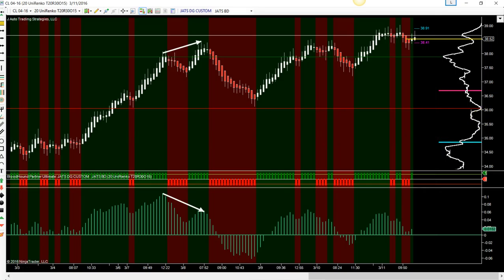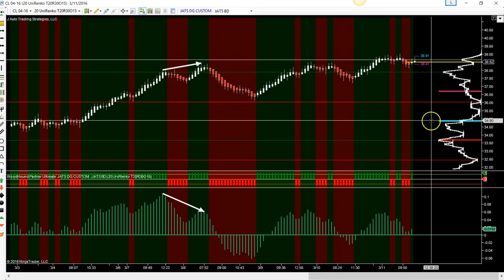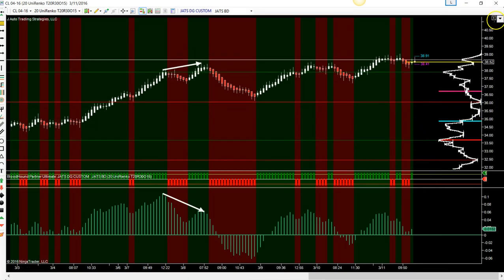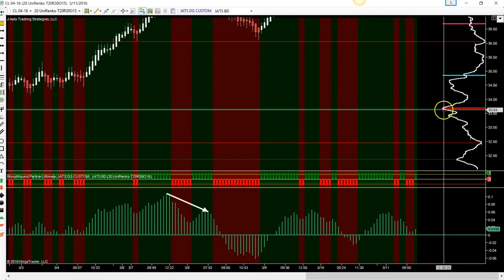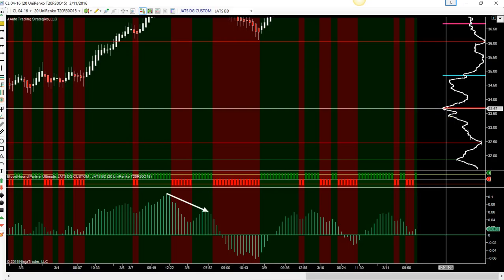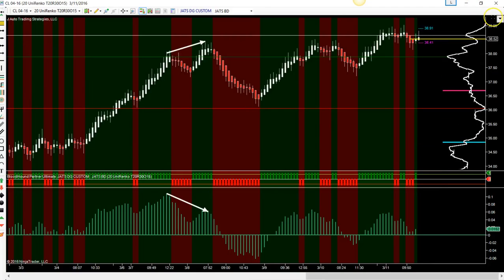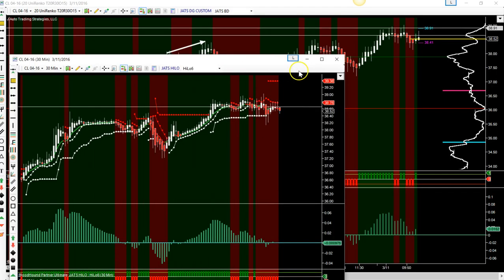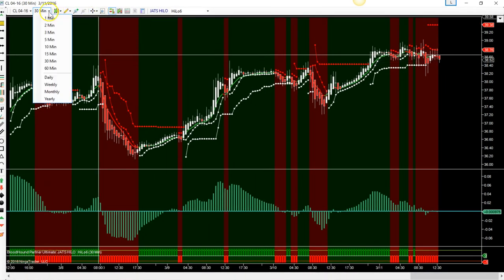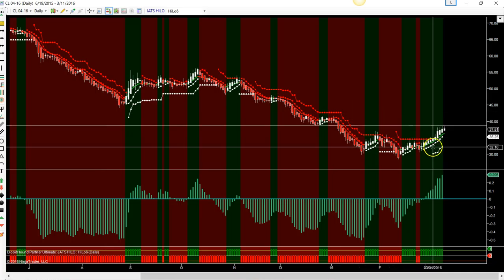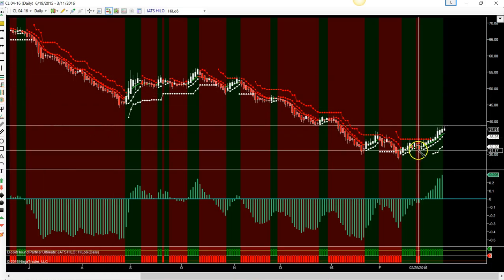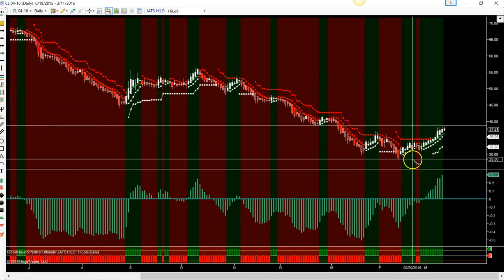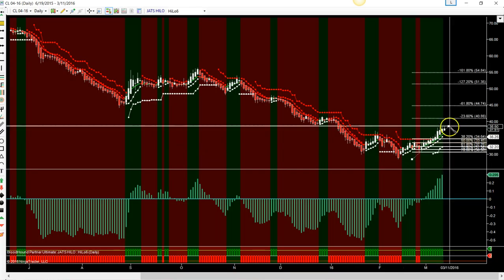VWAP is actually right here at 34.88 on my composite chart, and the composite point of control is down here at 33.67. Seeing how this was a first test of that daily level, we very well could see a Fibonacci retracement between this low and this high.